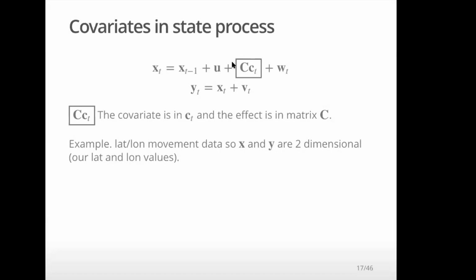Well, in that case, this u term is changing the level, and these are going to shift that level up or down. In the short term, it's going to mean a jump. But if that covariate, say the temperature, went up a degree and stayed there for a little bit, the effect would be that the level of that underlying x would go up.